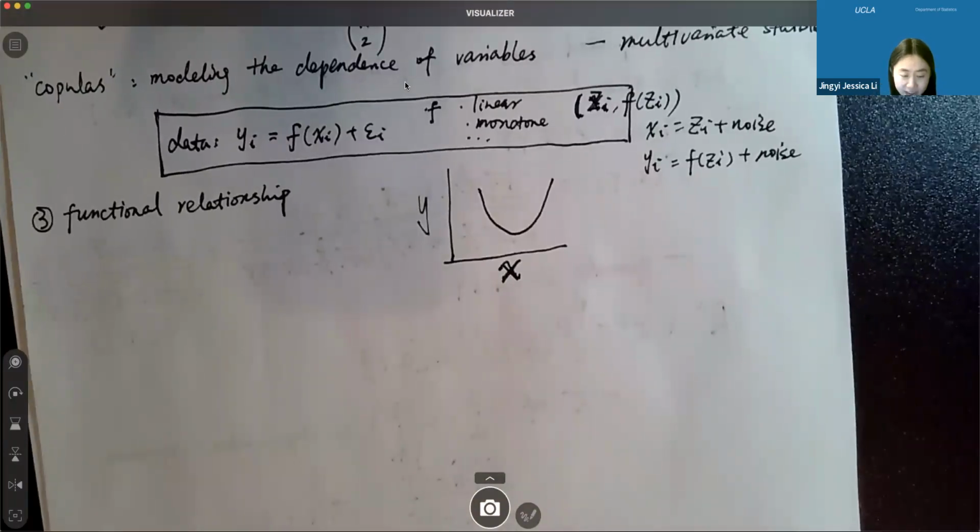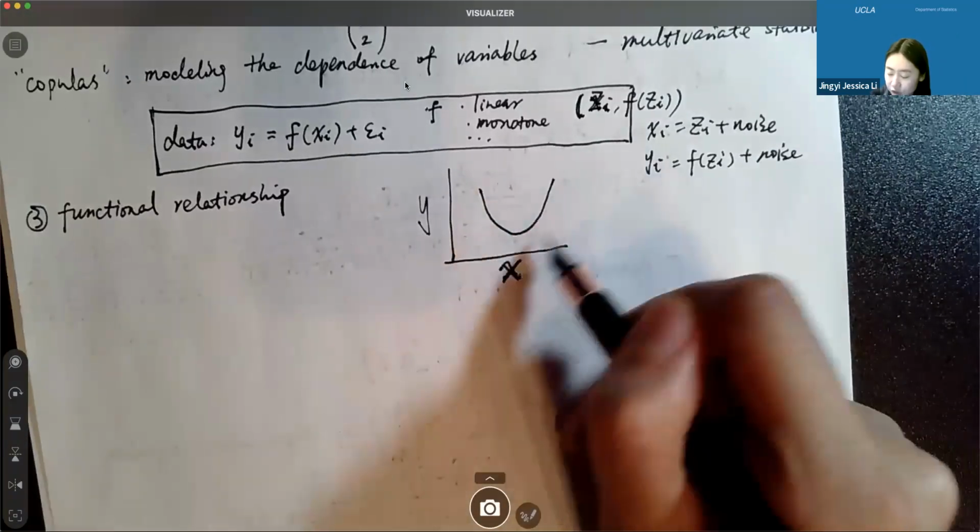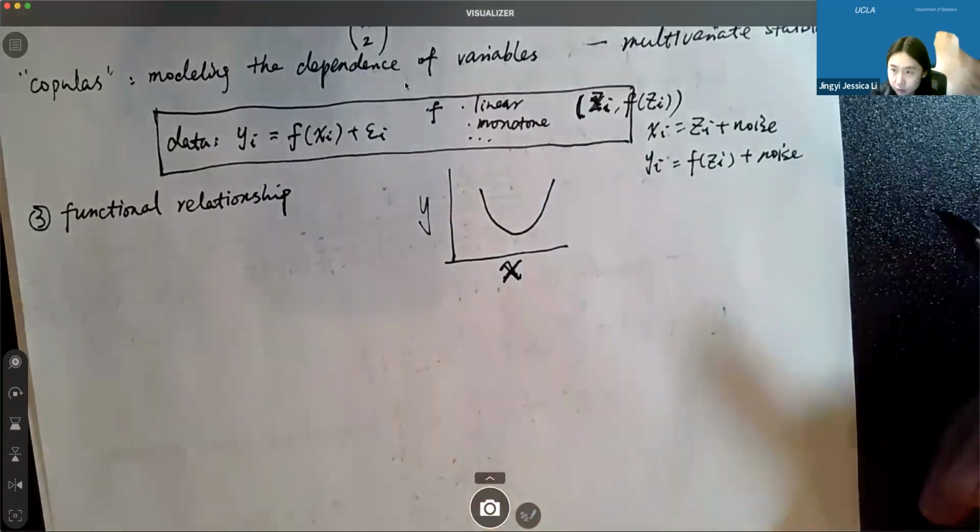To capture cases like this, this has been a very active research area for more than half a century, especially from a mathematical perspective. Can we really define a measure that can capture any functional relationship between two variables?